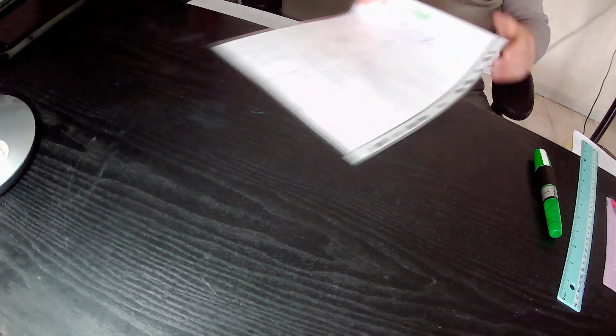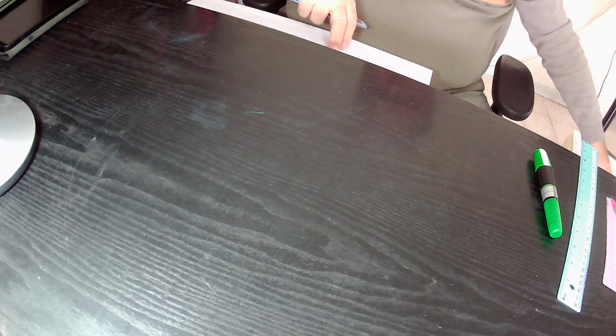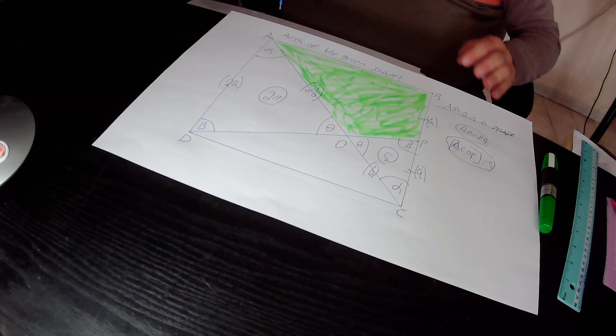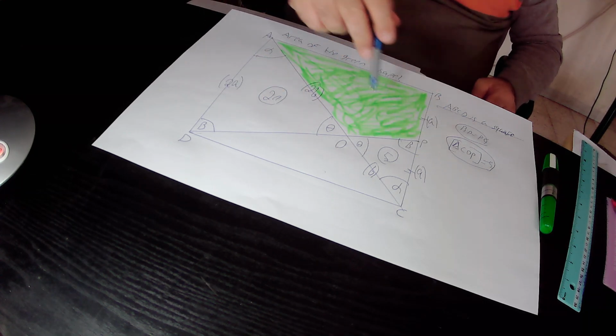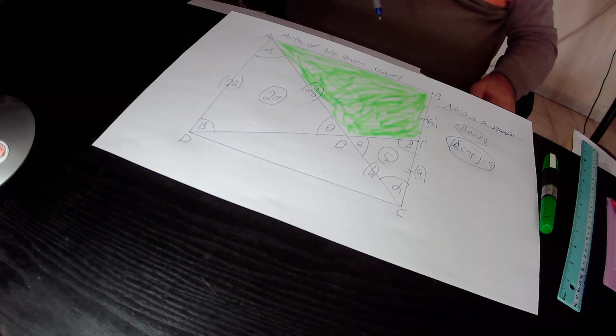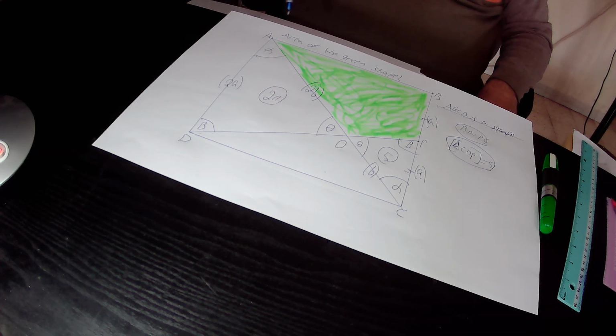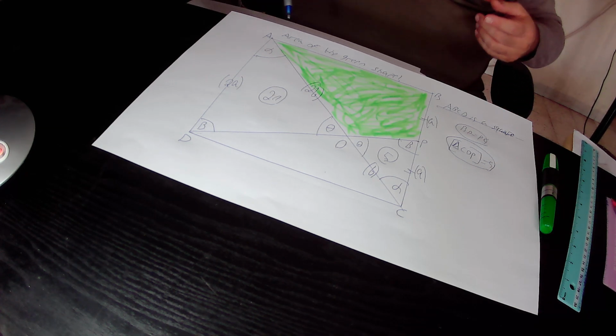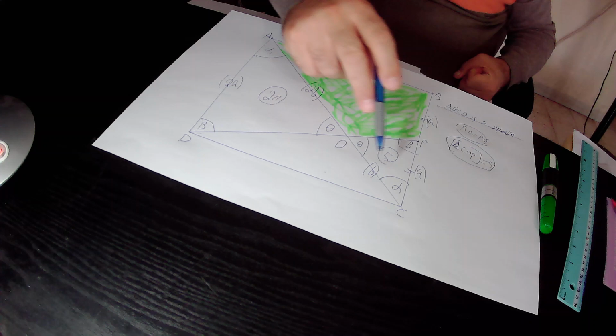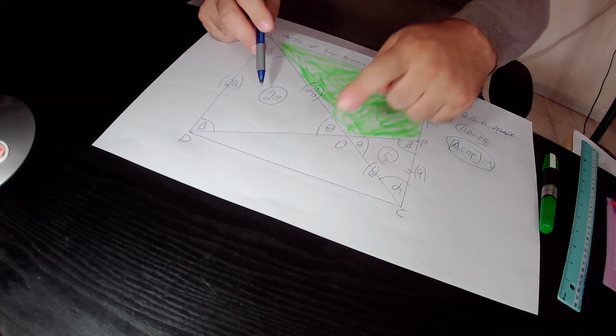One rule in our drawing: this is the big right triangle ADC. This is line segment OD that divides the big right triangle ADC into two smaller triangles.